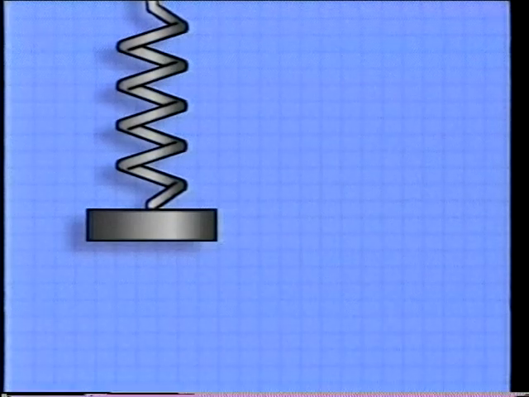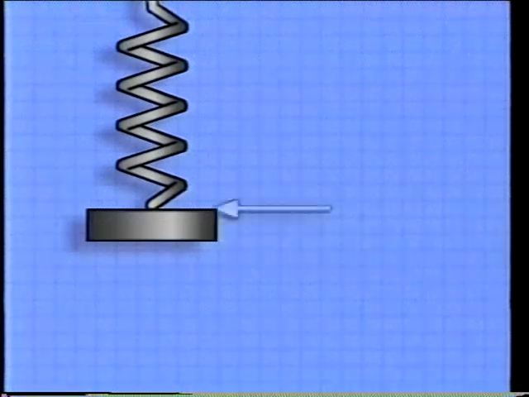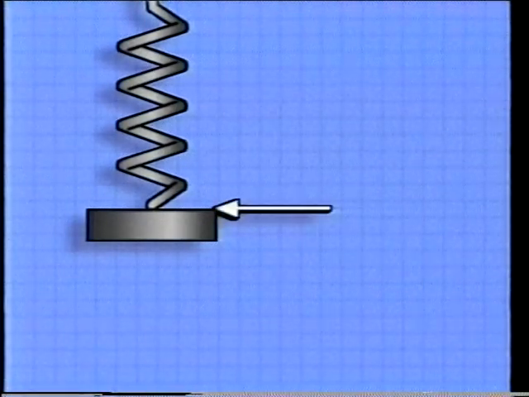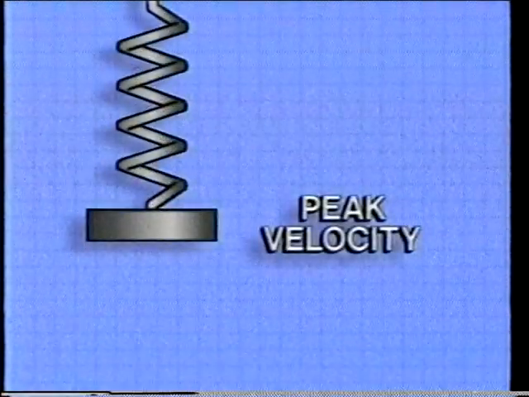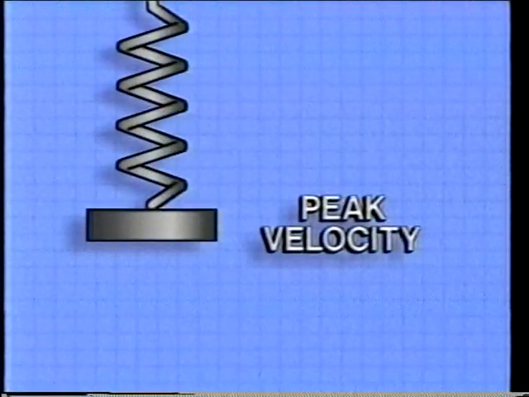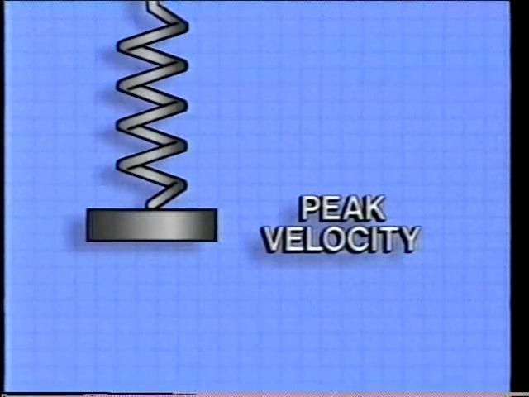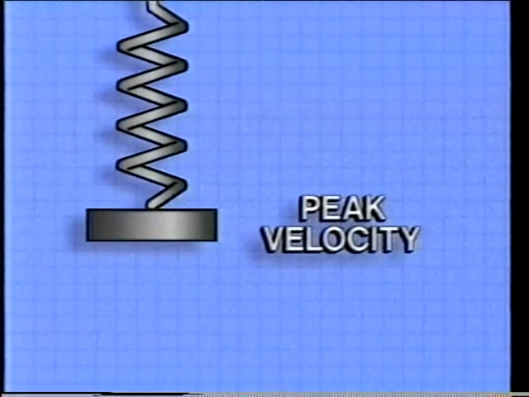The velocity of a vibration is constantly changing. For example, the velocity of the block is faster as it passes by its original position than it is when it reaches one of the extremes. Because of that, velocity is sometimes measured when it's at its highest, which is known as peak velocity.